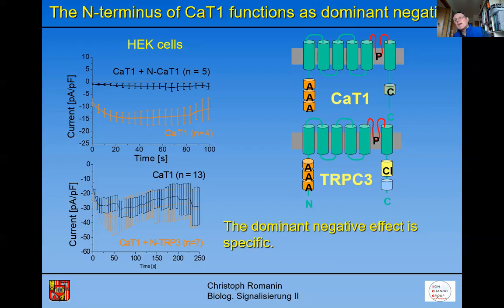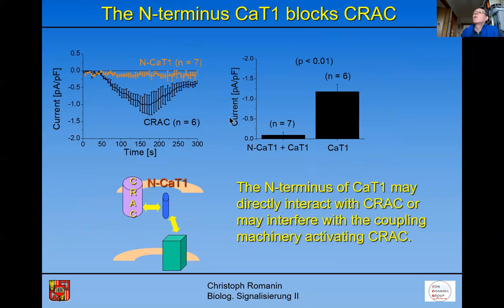So that was taken as a sort of specificity. What we use here has a certain specificity to CAT1 derived channels. So let's have a look at what happens to the endogenous CRAC channel. Let us presume that maybe the CRAC channel contains one or two CAT1 subunits within this tetrameric channel assembly, and we can interfere in this assembly because we now use the amino terminus of CAT1.